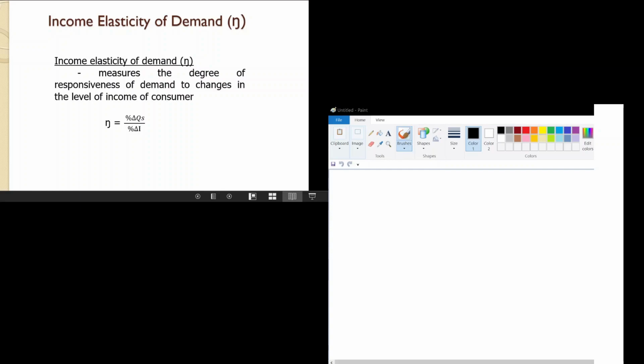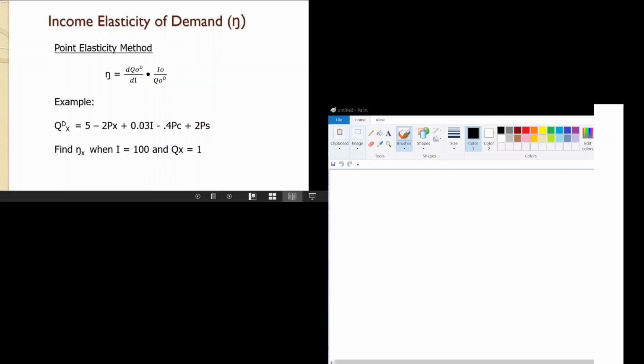Again, we can compute for the income elasticity of demand using the point elasticity and arc elasticity. So, we have here the point elasticity. So, income elasticity, so yung ano niya is N na merong sobra. Okay?